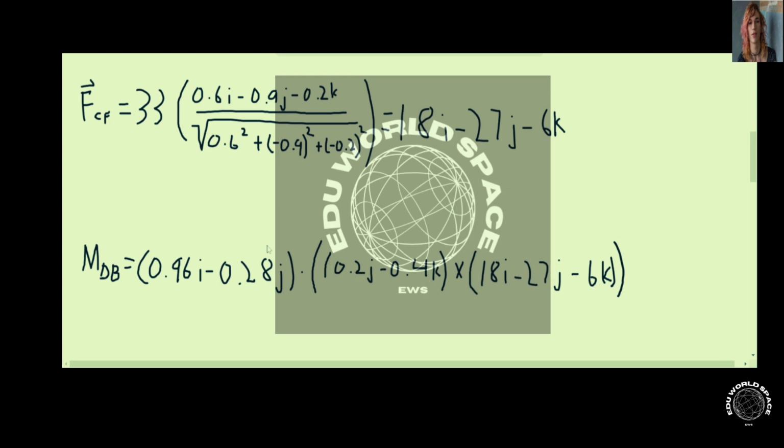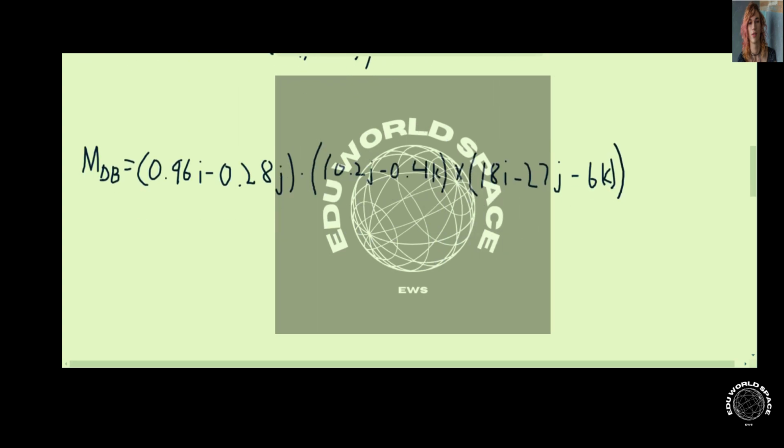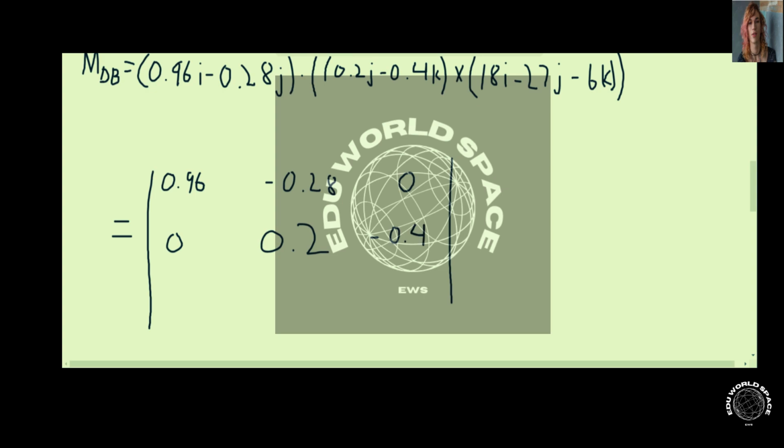And we can write this expression as the determinant of a matrix. So we can write this as the unit vector in the top row, the DC vector in the middle row, and the force vector in the bottom row.